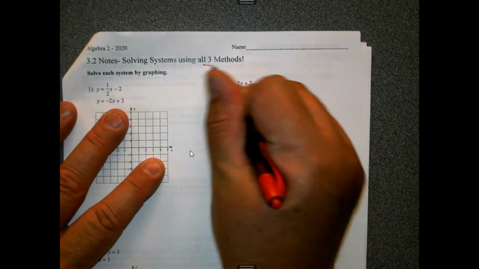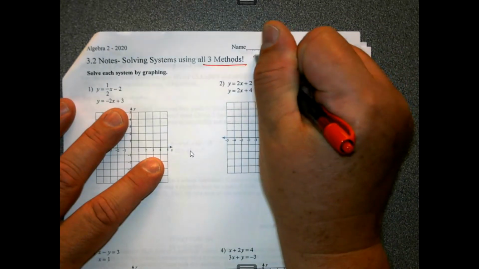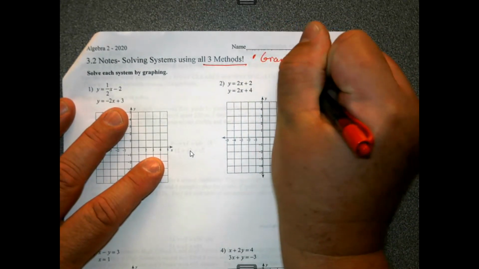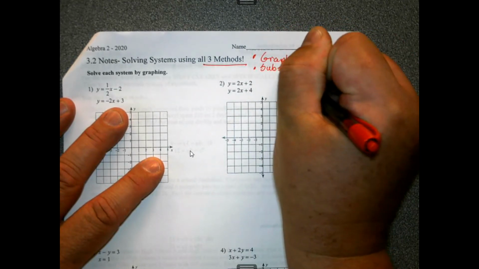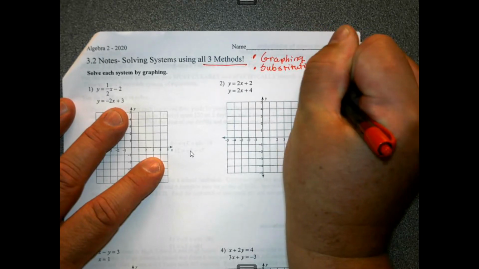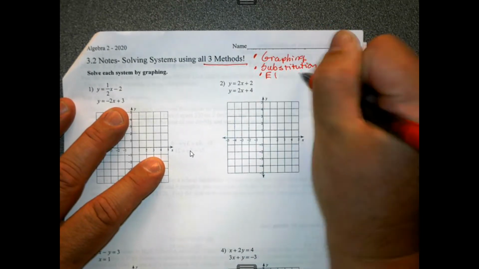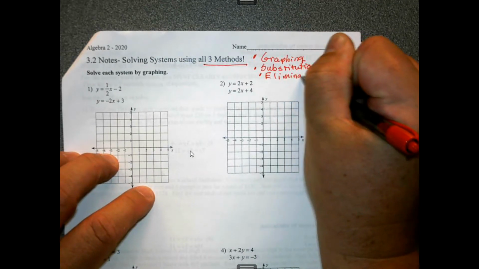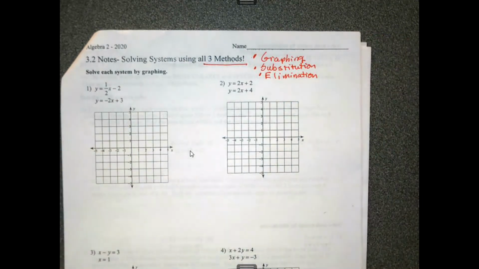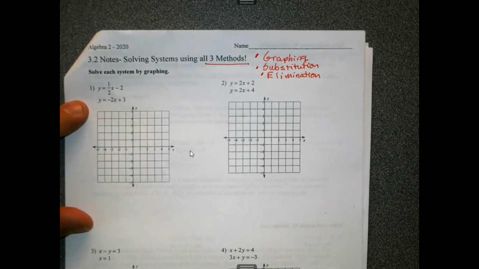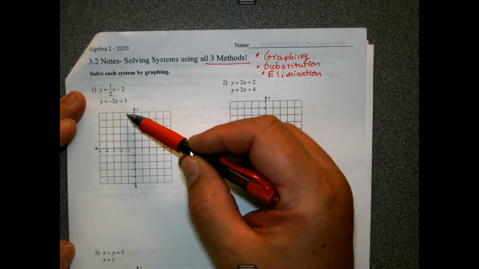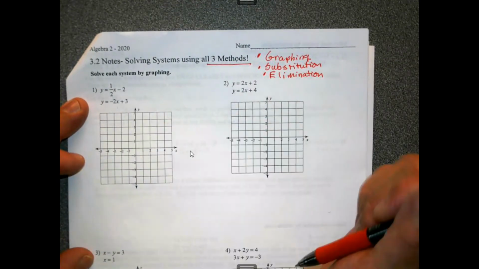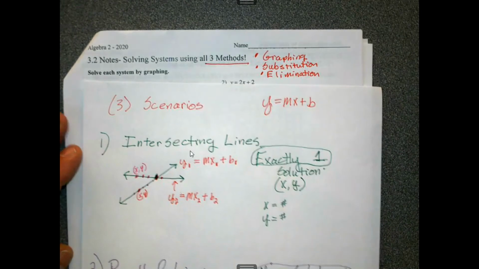Three methods: graphing, which is what we're going to do today, substitution, and then elimination. We're going to work on just the graphing today. And this is why I had you review graphing lines the past couple days, because that's exactly what we're going to do here. We're going to graph each one of these lines and see which scenario it fits into.